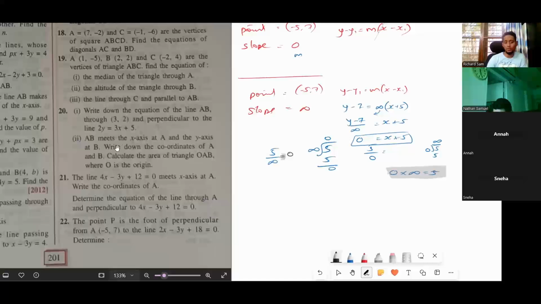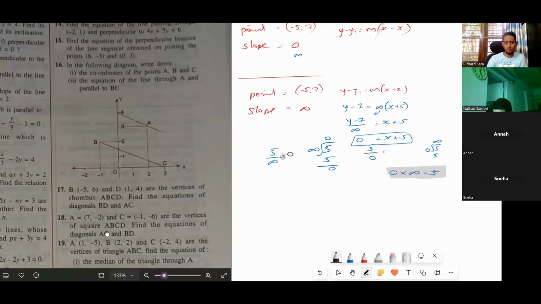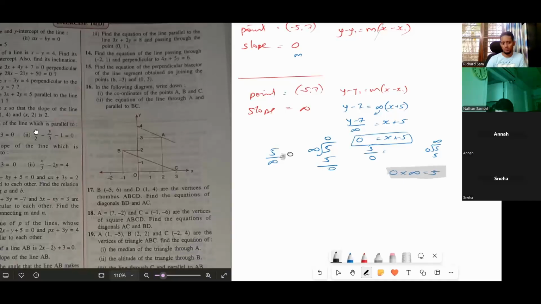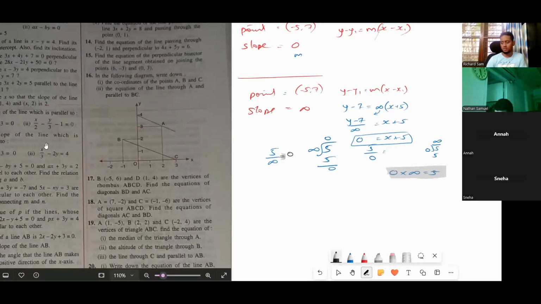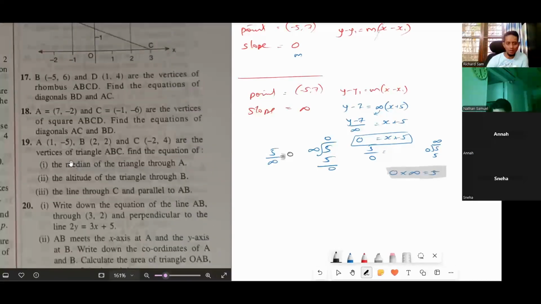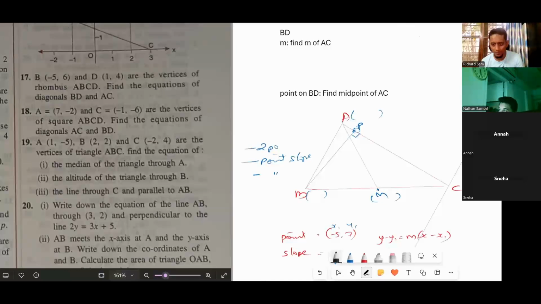Any other question you want me to solve from this? Which one? 17. Is it this or this? So 19. This one I explained yesterday, no? Altitude? You were having doubt yesterday itself. See here.